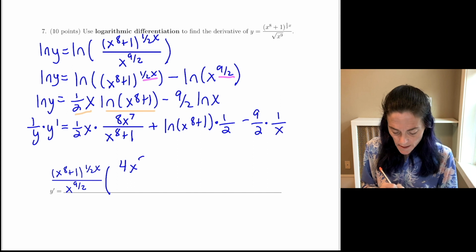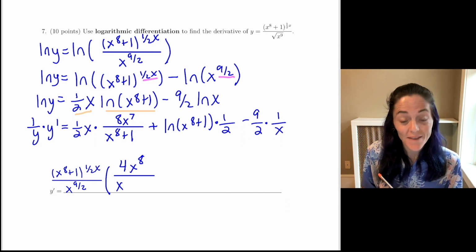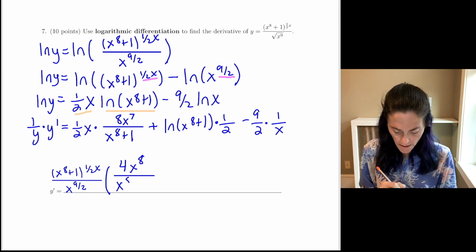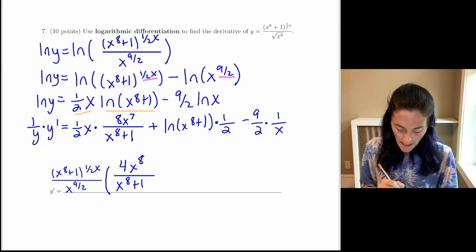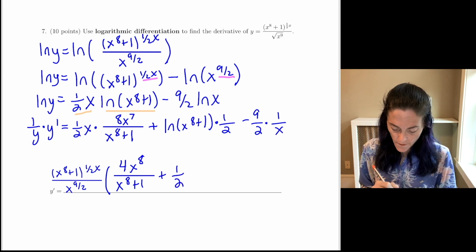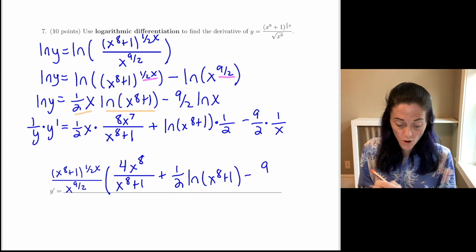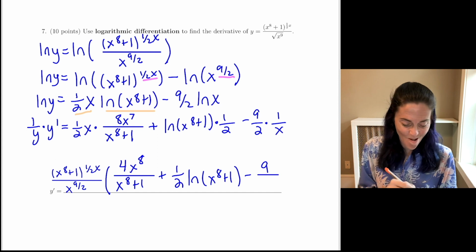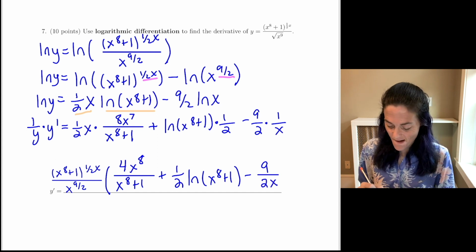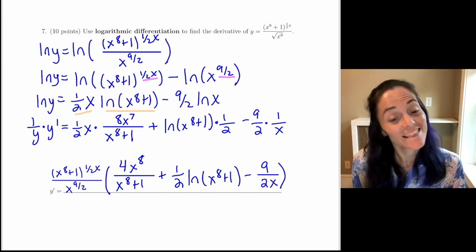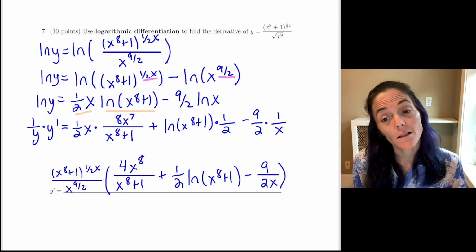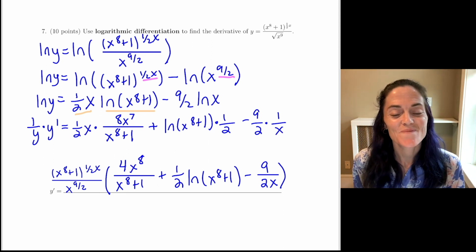And x times x to the 7th is x to the 8th. This is not required. You can literally just recopy what you have above without simplifying. But I just took that small step. And then I have plus 1/2 ln of x to the 8 plus 1. And then I have minus 9 over 2x. And this is this derivative. We found this using logarithmic differentiation.